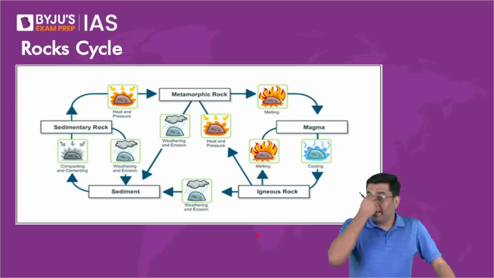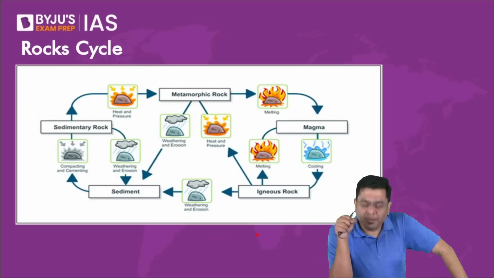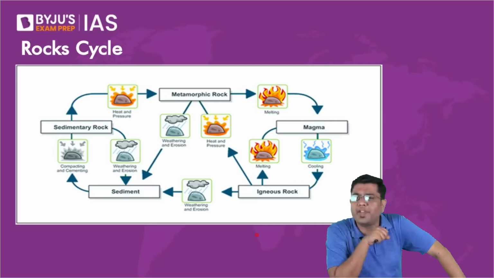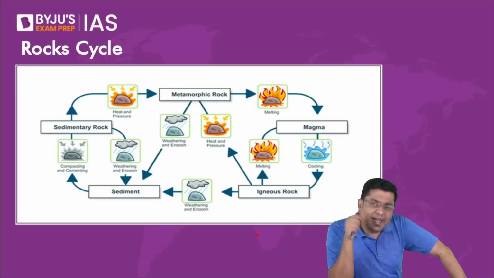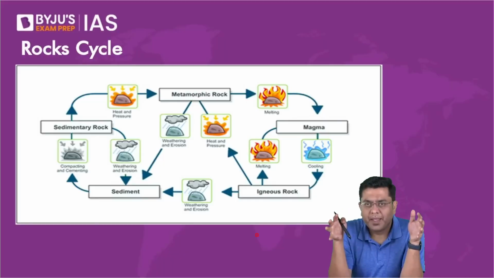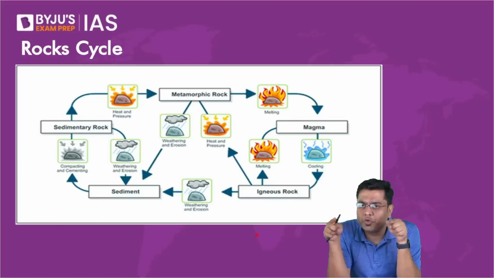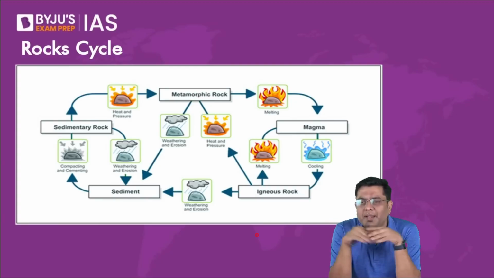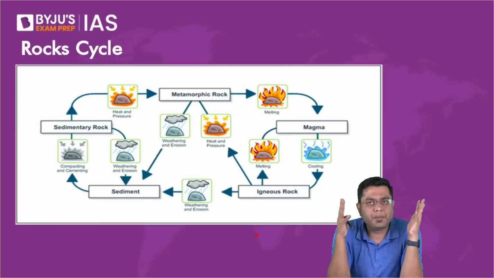Okay. Now, finally, the final topic of the day that we will cover is the rock cycle. So basically, what does the rock cycle tell us? It tells us that no rock is permanent in nature. Any rock type, when they are exposed to different conditions or a suitable condition, they can change their type.